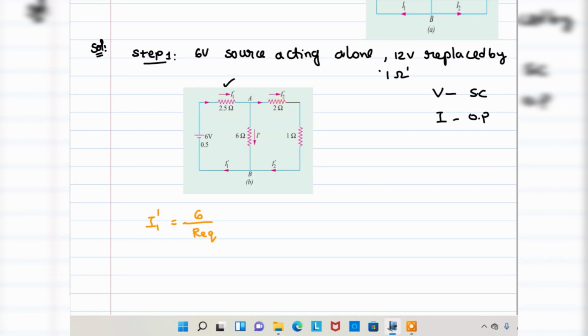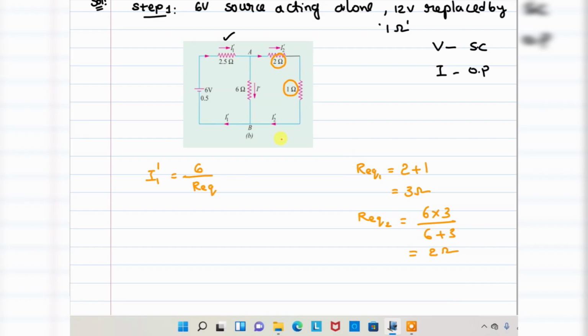See here, this 2 ohm and this 1 ohm are connected in series, so 2 plus 1 is equal to 3 ohms, right? This entire combination is in parallel with 6 ohm. So R equivalent is 6 into 3 by 6 plus 3, which is 2 ohm, right?